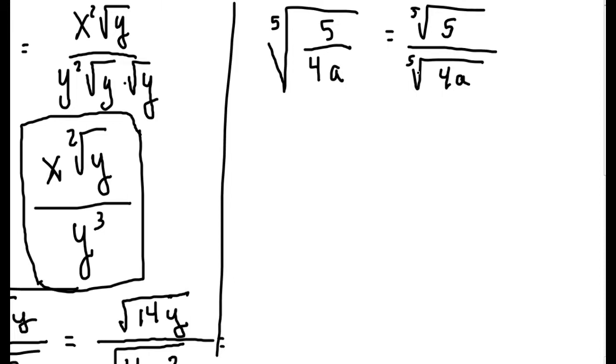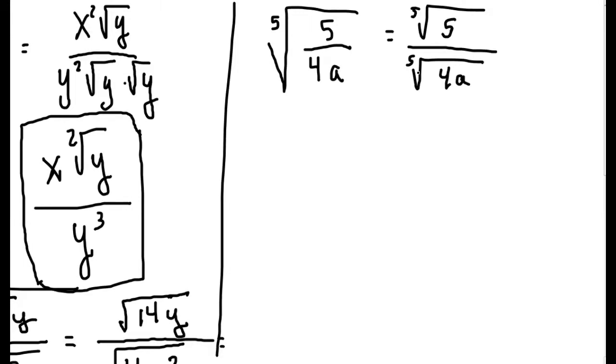Is there a number we can multiply 4 by that we know we can take the fifth root of? 4 times 5 is 20, but we want something times something times something times something times something that gives us a number that 4 is a factor of.